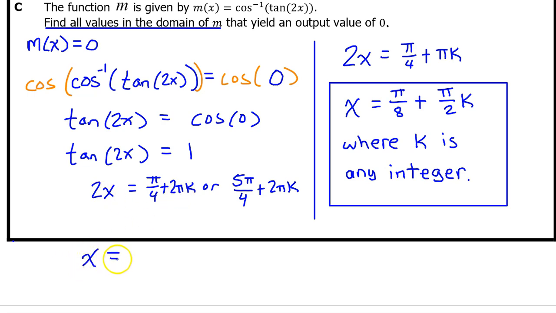So here comes another valid version of the answer instead of this. We could have written, let's see, pi over 4 divided by 2 is still pi over 8. And then dividing this by 2 will leave pi k. Or dividing this by 2 we will have 5 pi over 8.